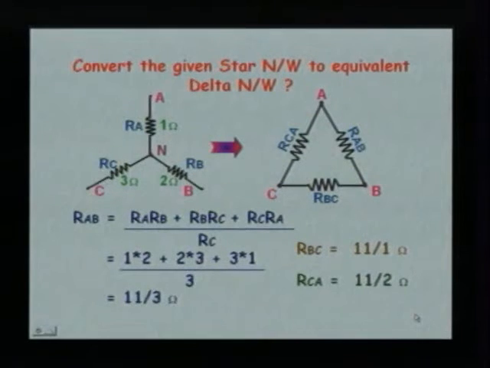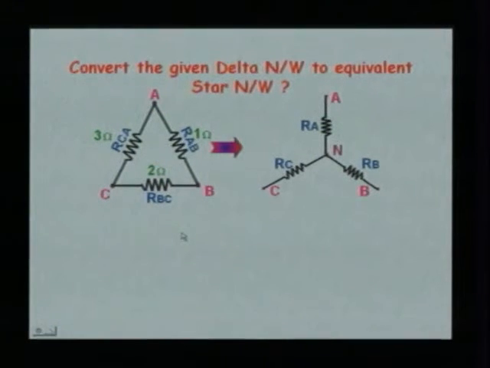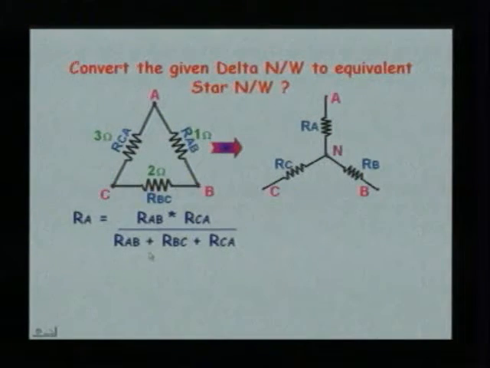Now, let us convert a given delta network into a star network. If I have RAB as 1 ohm, RBC as 2, RCA as 3, we want to find the equivalent star network. This can be found by RA equal to RAB into RCA divided by RAB plus RBC plus RCA, is it not?